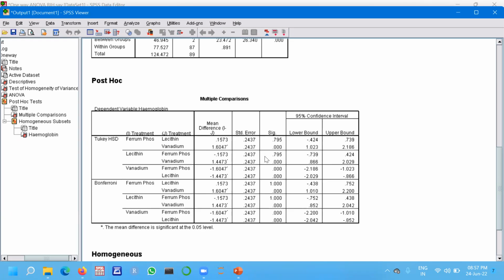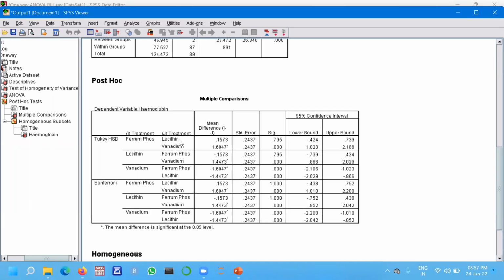That is not significant in terms of p-value also. So what you can assume is the difference between the ferrum-phos group and the lecithin group is not significant, whereas the difference between the ferrum-phos group and the vanadium group is significant.